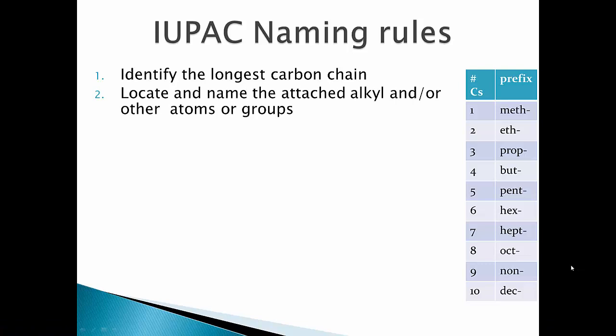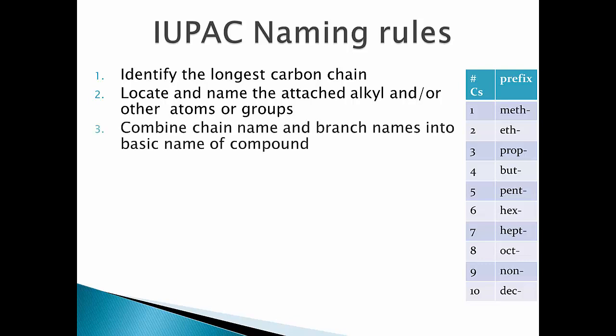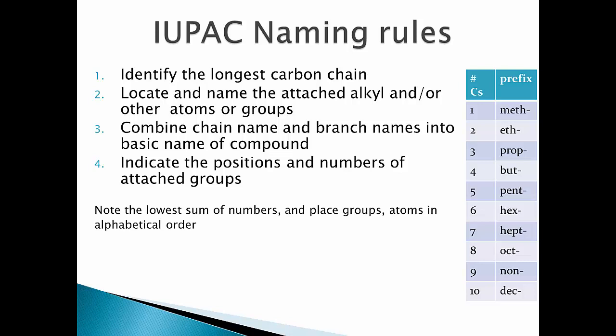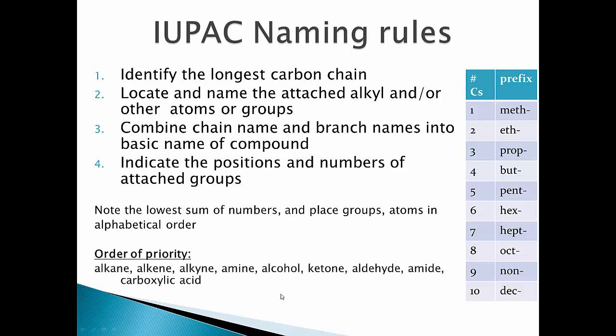Secondly, once you've identified the longest chain, you want to identify any alkyl groups or other groups that are coming off that main chain that aren't included in that carbon count. After you've done that, you want to work out which groups have the highest priority. So remember the priority here.